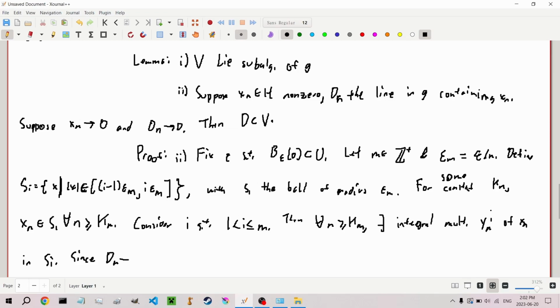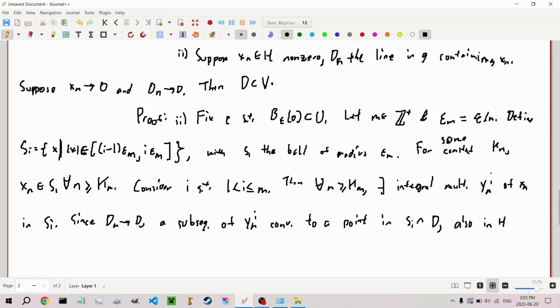Since d_n converges to d, a subsequence of y_n^i converges to a point in S_i intersection D, which is also going to be in H, since the y_n^i all live in H, and H is closed.